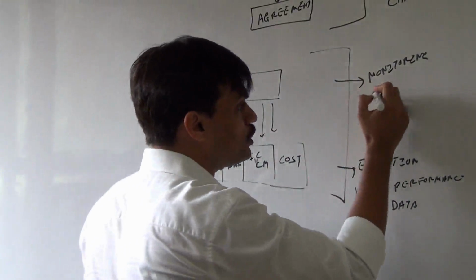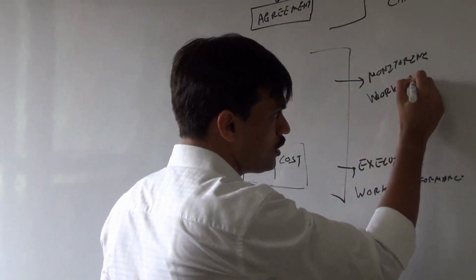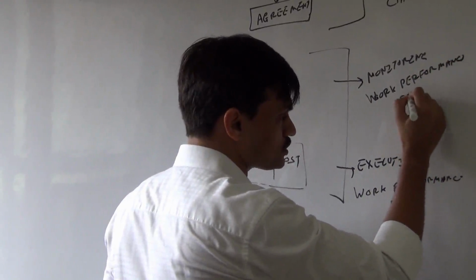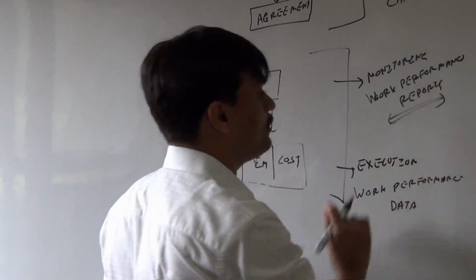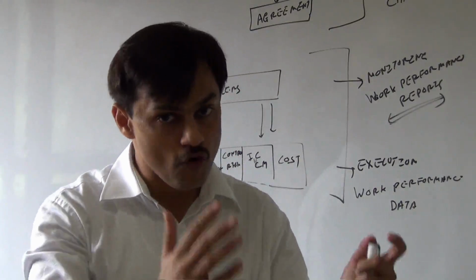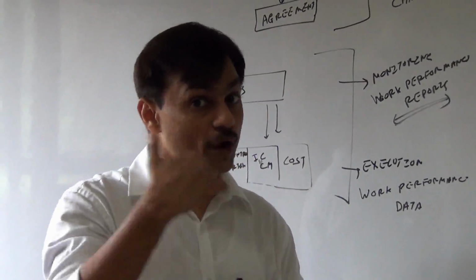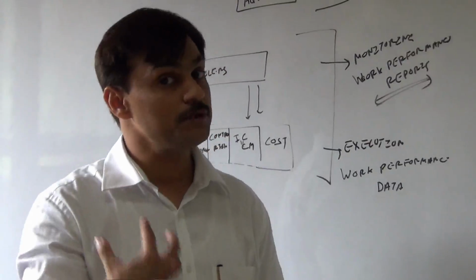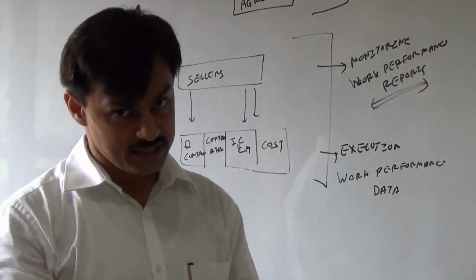You also need to look into the work performance report. This report is primarily coming from the seller. Seller is telling about how he has performed his work. Maybe the report points out the technical specification of the work which he has done. Maybe the report is more focused towards project management related performances.